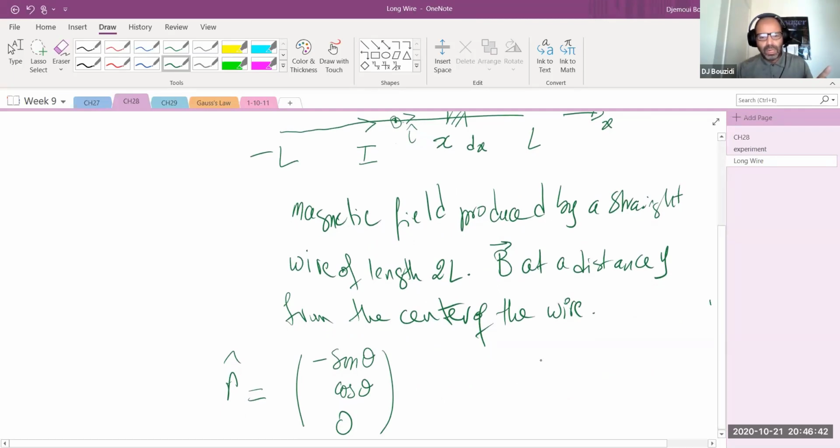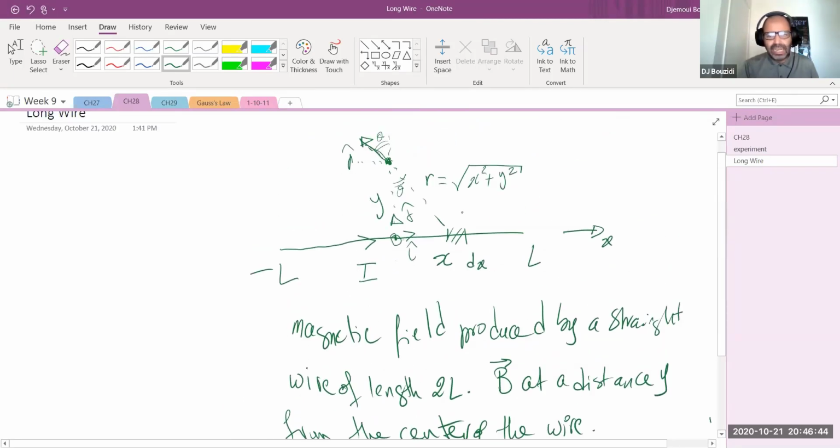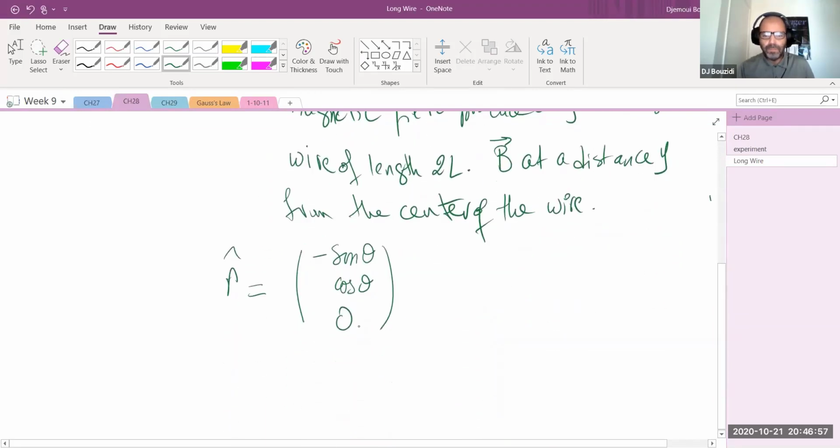We're done. Now I need to find dl. dl is clearly this element, and dl is equal to dx in length in the i hat direction, end of the story. So dl as a vector has one component along the x direction, which is dx, and 0 and 0.